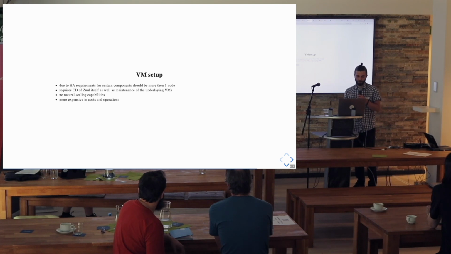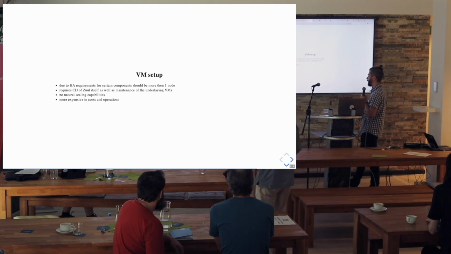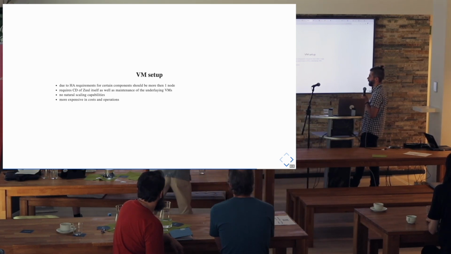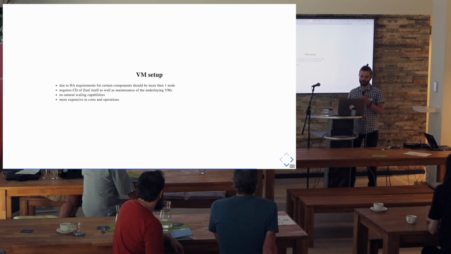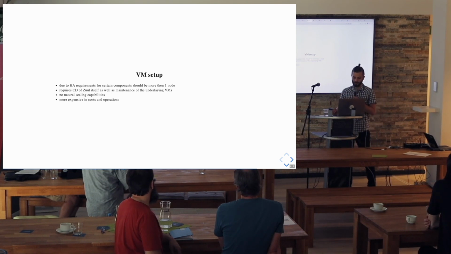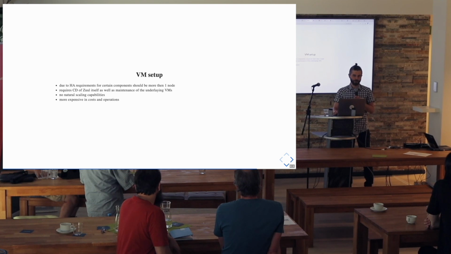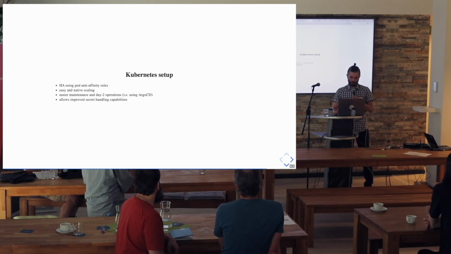Basically, when I joined the project, Zuul was installed on a single node with pretty much no high availability at all, with some other limitations. But in my eyes, one of the most important things here is that it's much more expensive in terms of costs and operations to run such a complex system in this manner. This is maybe also one of the reasons why people prefer to run OpenStack on Kubernetes as well. And now let's have a look at the Kubernetes setup.